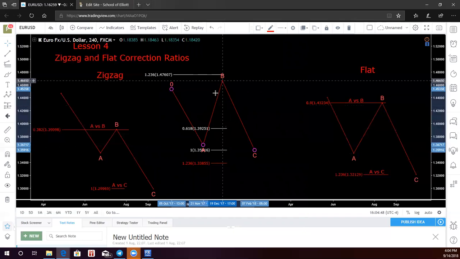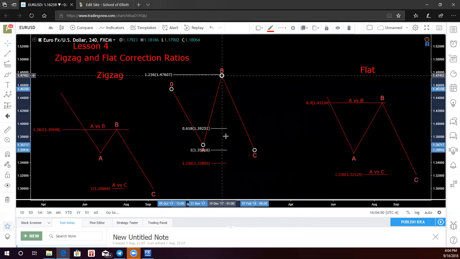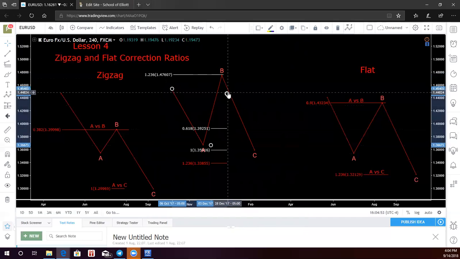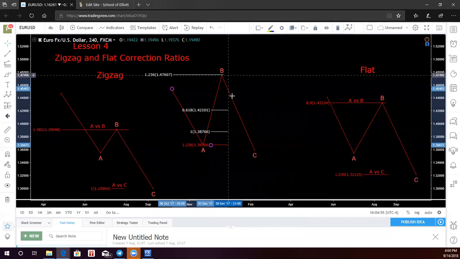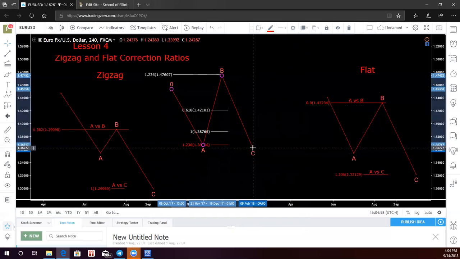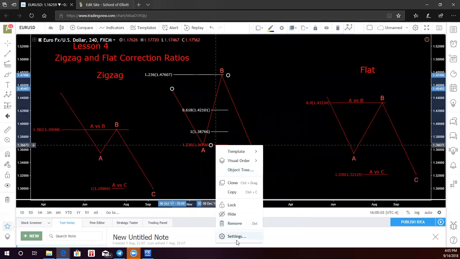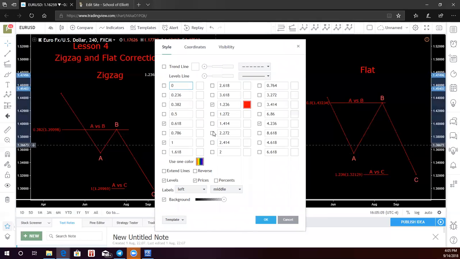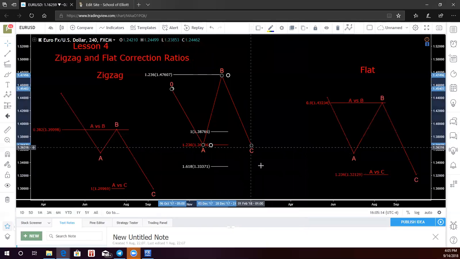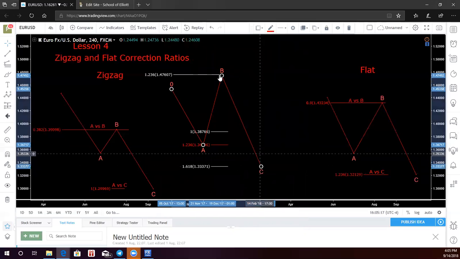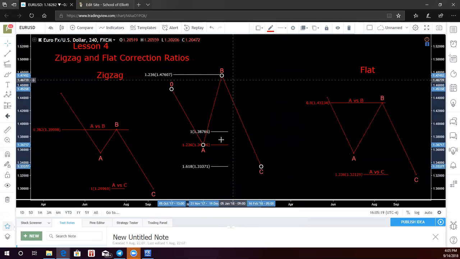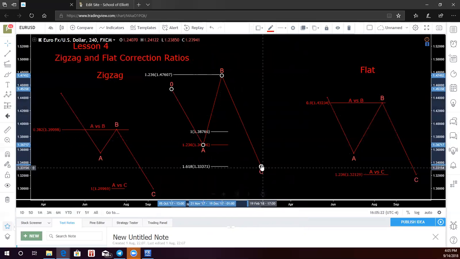So B will retrace further than the starting point of A. And then your C, again, will reach a different ratio. Now these ratios are going to be a little different. You can either have the 100%, the 1.236, or you can have the 1.618. In this case, we're going to put it at the 1.618 only because it looks better. It looks like a full extended flat.